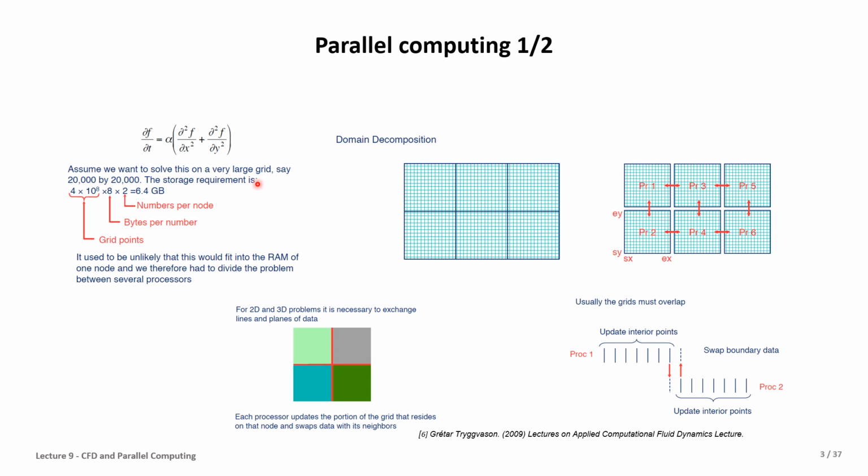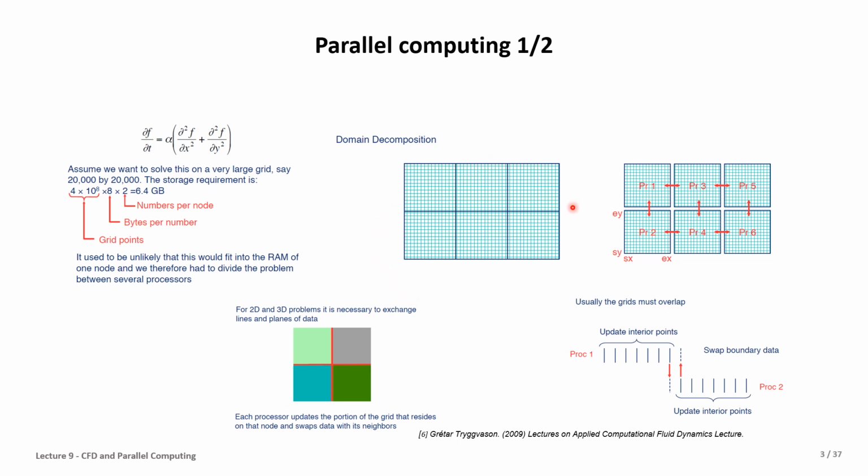We assume we have 20,000 by 20,000 grid points, and we have 8 bytes per number. Then for this 2D problem, we will have a 6.4 gigabyte storage requirement for this domain.